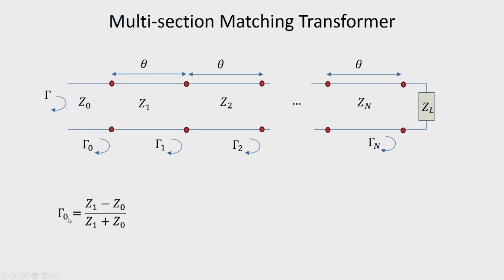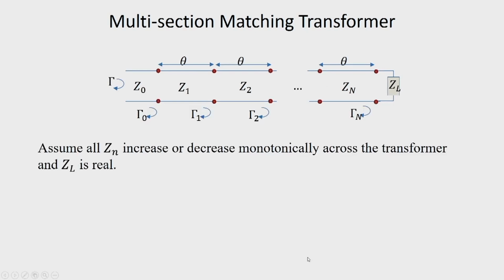We can write gamma 0 equal to (Z1 minus Z0) divided by (Z1 plus Z0), and continuing in this manner, gamma n is equal to (Zn plus 1 minus Zn) divided by (Zn plus 1 plus Zn), and finally, gamma capital N is (ZL minus Z capital N) divided by (ZL plus Z capital N).